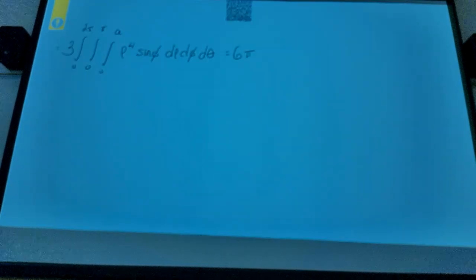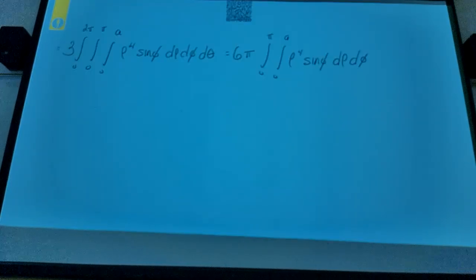Integrate first with respect to theta. We've seen the integral from 0 to pi of sine phi multiple times. That's just 2.